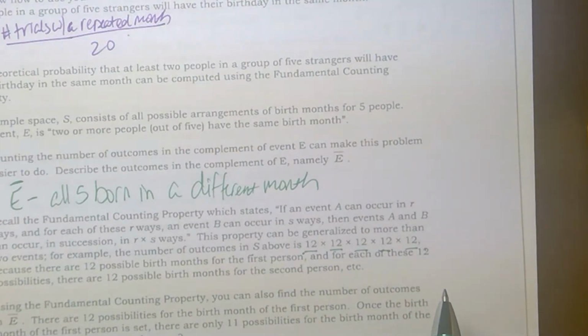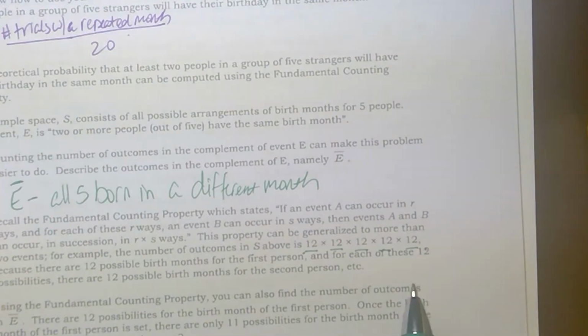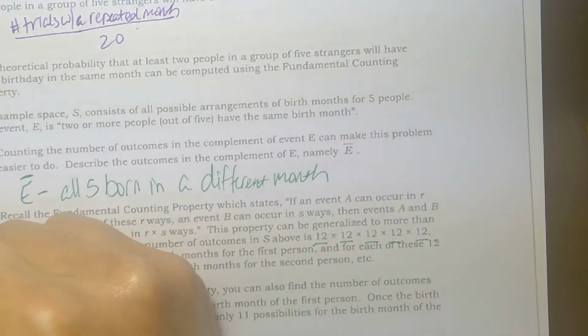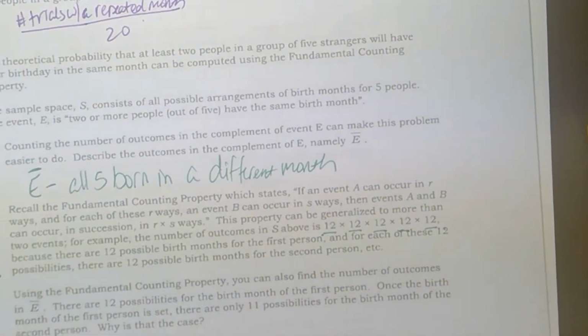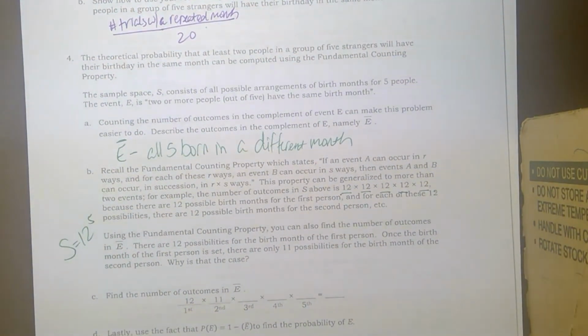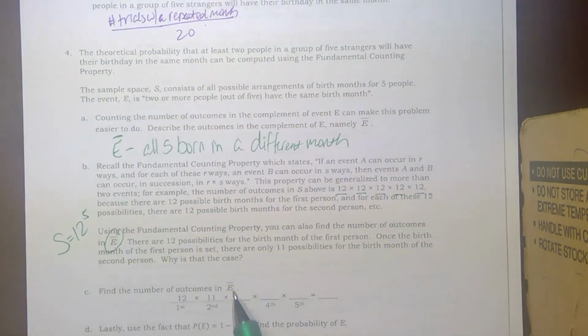That's my denominator, the total number of outcomes in the sample space. My sample space is 12 to the 5th power. That's the number of different outcomes I could have. Now, the only outcome not included in my event is this complement, that everyone has a different birth month.